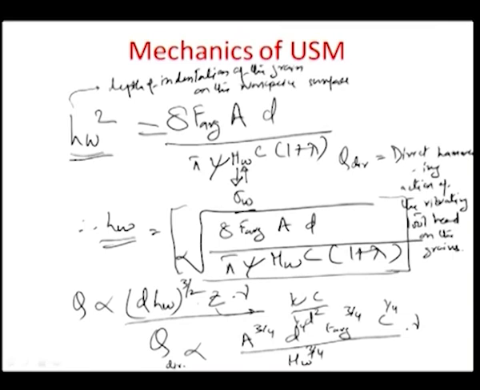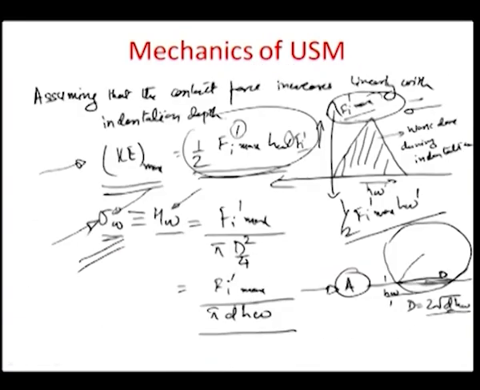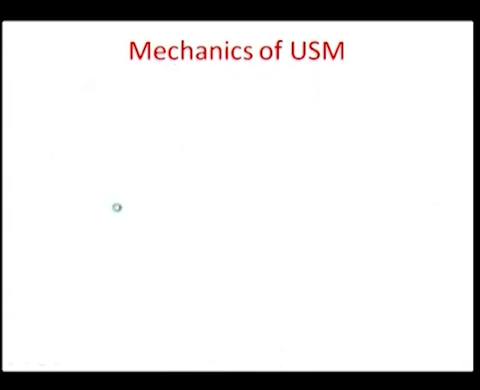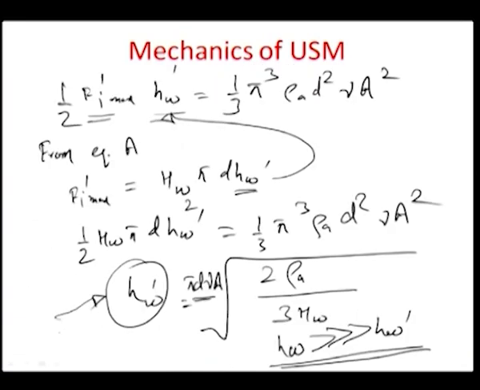Okay. So it really included a lot of terms, and magnitude wise this h_W coming from the direct hammering action is always very high in comparison to the h_W' that you obtain by the free flowing action of the grain. Okay.